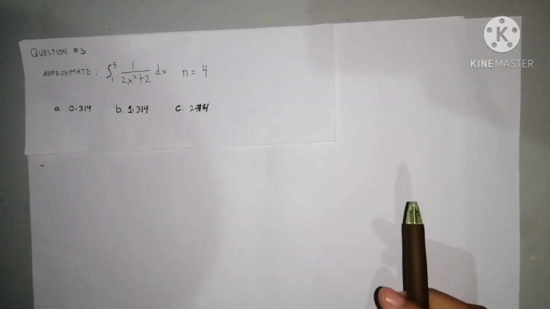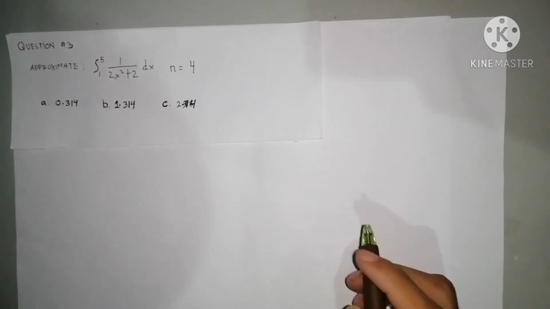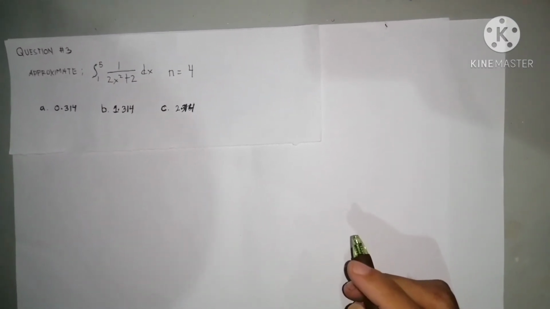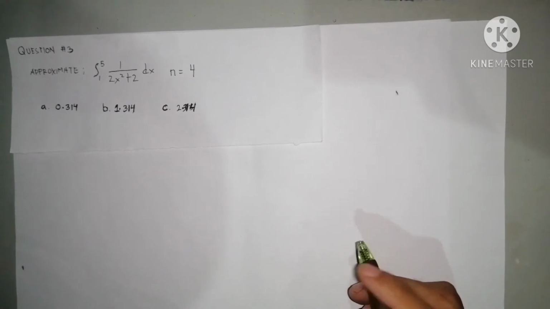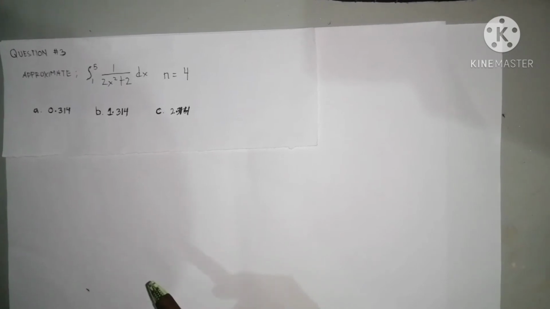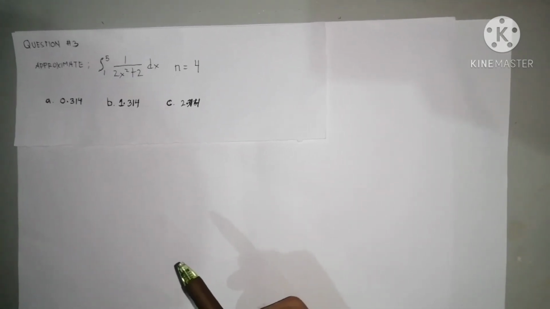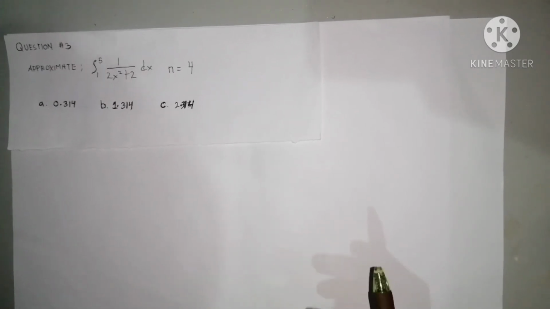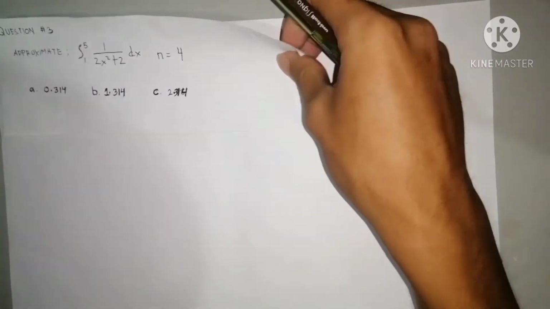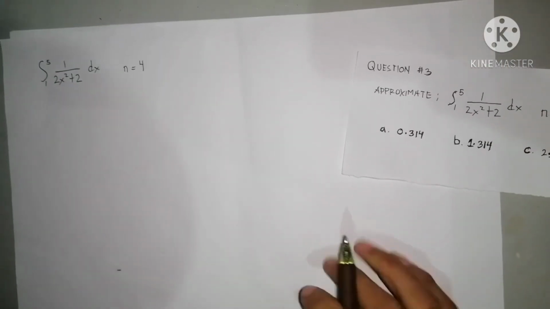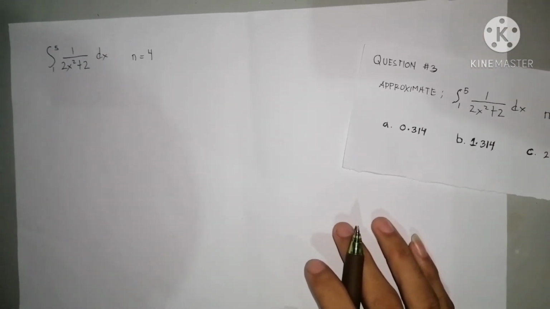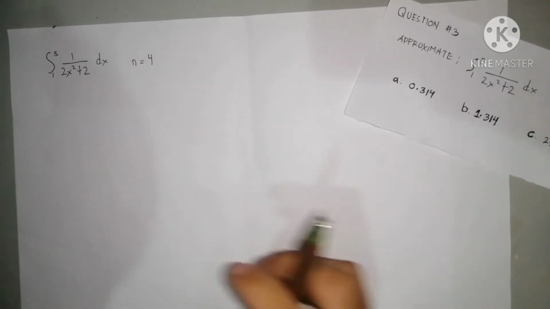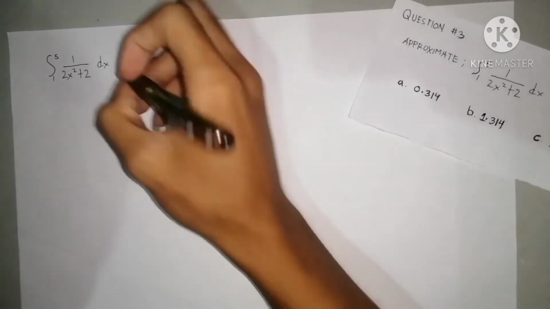Number 3 question. Approximate the integral from 1 to 5 of 1 over 2x squared plus 2 dx, where n equals 4. Our choices are A is 0.314, B 1.314, C 2.314. To solve for that, we use the trapezoidal rule. First thing to do is we need to find the value of h.